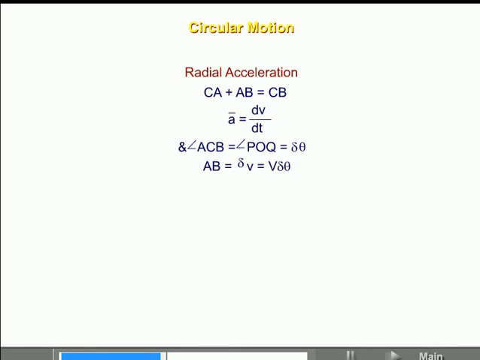AB is equal to delta v, which is v delta theta. a is equal to dv upon dt, which is equal to v delta theta upon delta t, which is equal to v omega. Omega is equal to v upon r. Therefore, a is equal to v squared upon r.